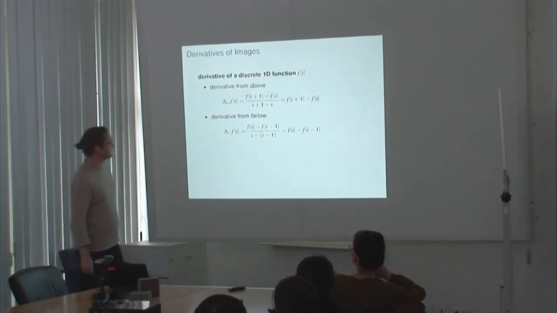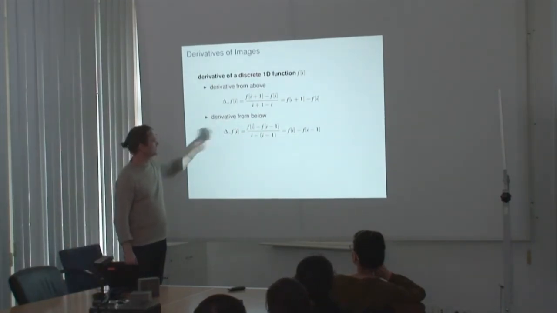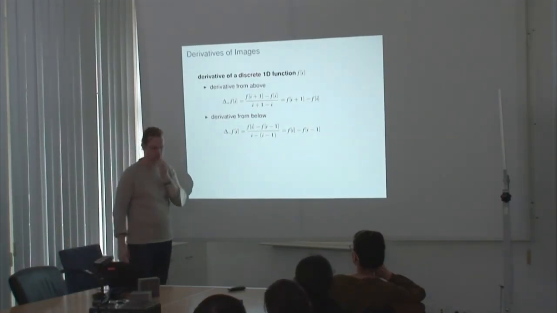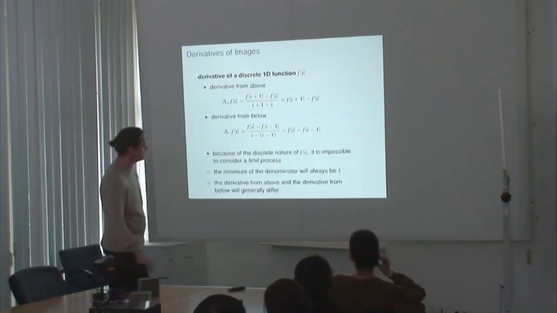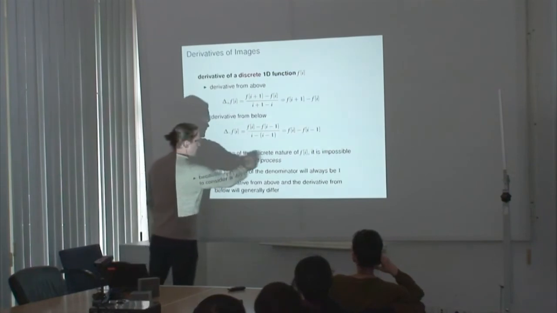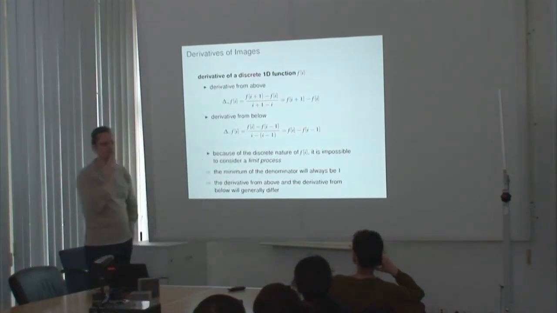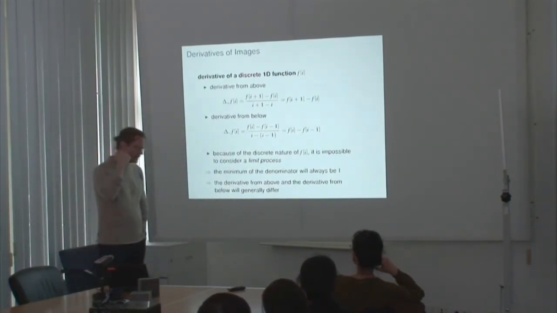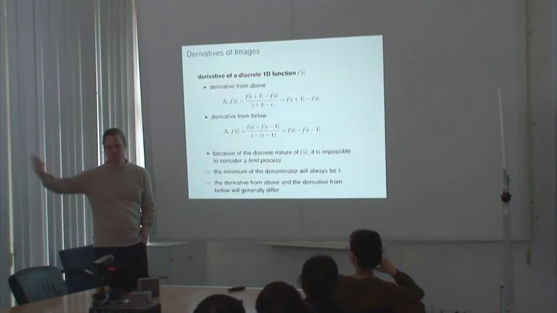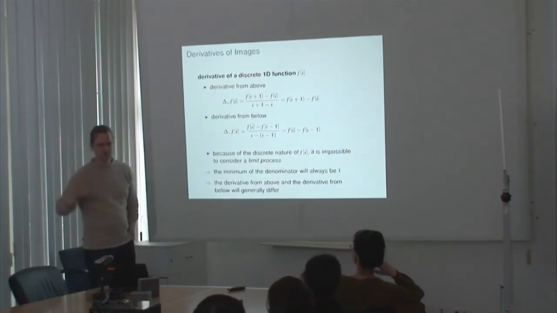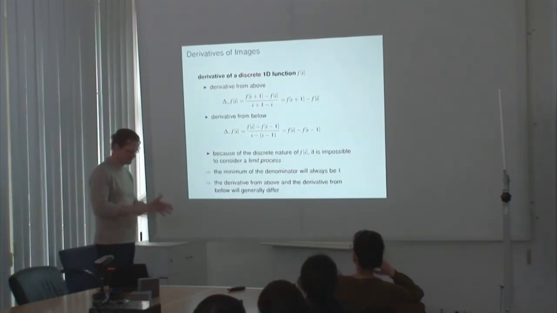We can do that, and we can repeat that for the derivative from below, and we will run into a problem. Because the function now is a discrete function, we cannot consider these limiting processes, where epsilon goes towards 0. It's not possible here because these things are discrete.